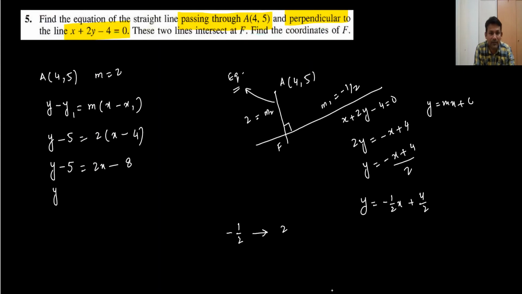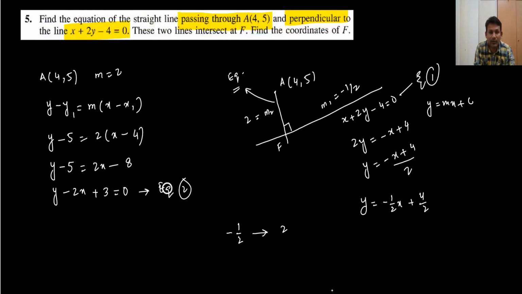So y minus 2x, and we can move 8 to the left hand side, it becomes plus 3 equal to 0. This is equation number 2, and this is equation number 1.